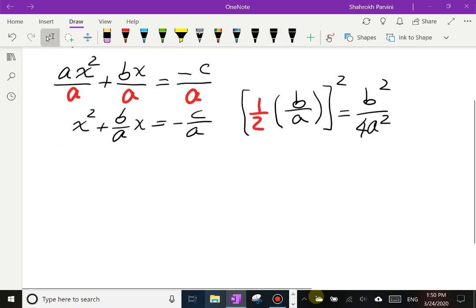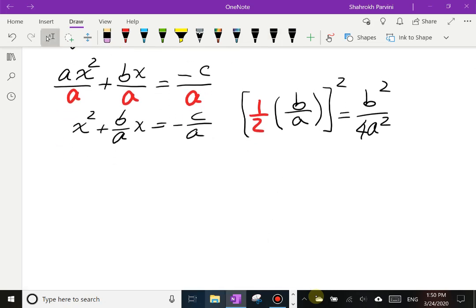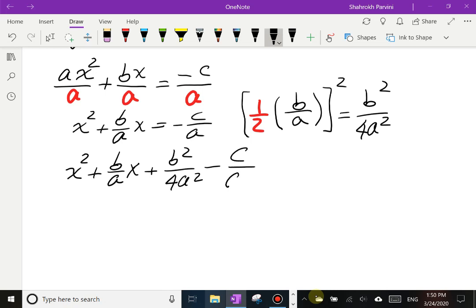So here we go. I get x squared plus b over a x plus b squared over 4a squared equals negative c over a, and then I add b squared over 4a squared to both sides.